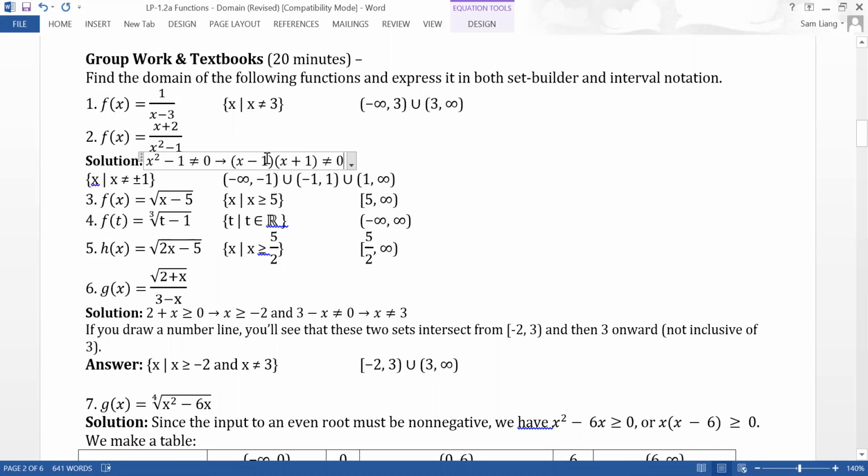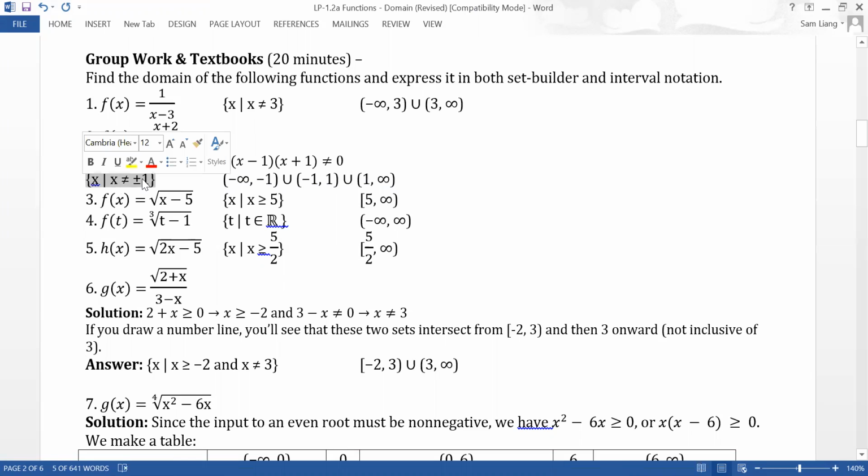So everything besides 1 and -1 is okay. So in set builder notation, x cannot be equal to plus or minus 1.